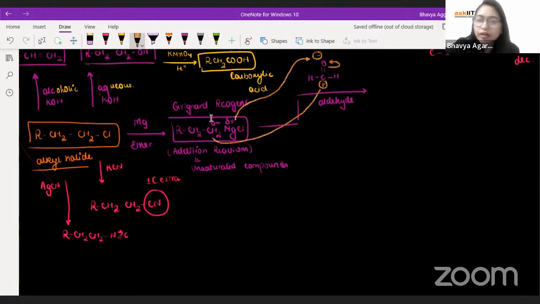And as a result, this CH2 is connected to the carbon, hydrogen, hydrogen, O and H, depending on whether I have further treated with acidic hydrolysis. Right, in which case I'll get a primary alcohol.